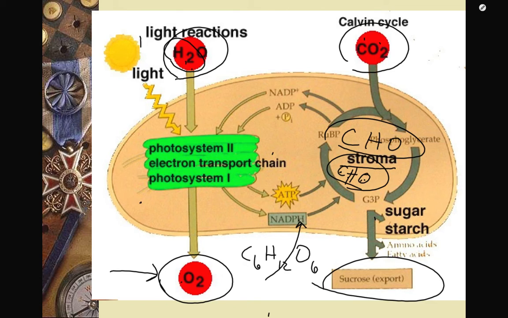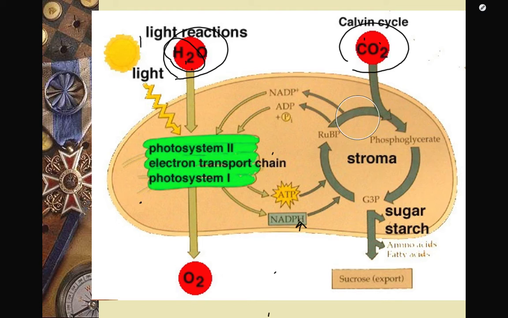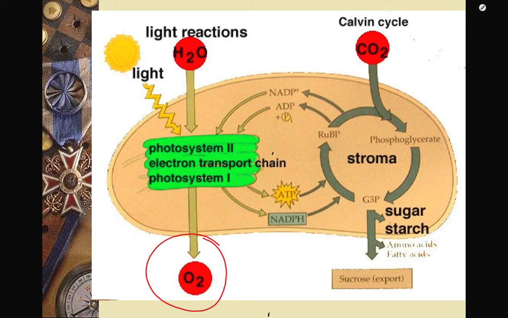So what are the two products of photosynthesis you see on this diagram? What are the two things that come out of this? Glucose and oxygen. Those are the products of photosynthesis.